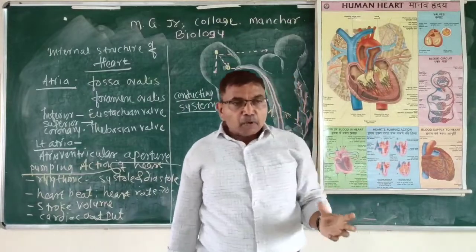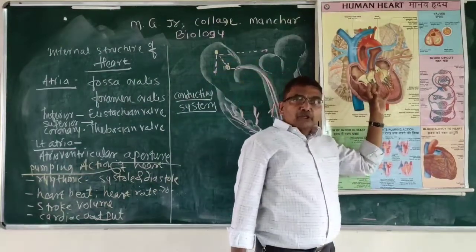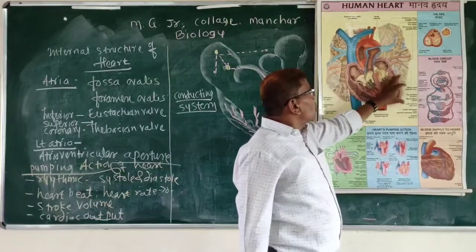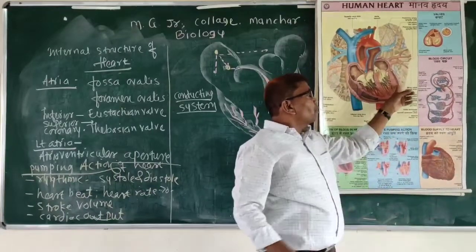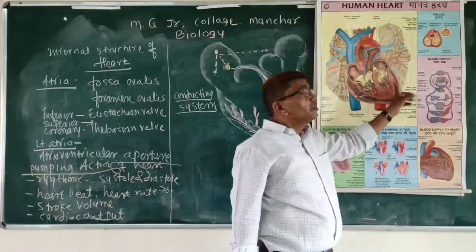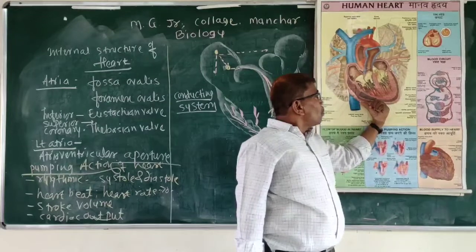These are the blood propelling chambers. To create pressure, the walls of the ventricles are thick, and again the left ventricle wall is thicker, about 3 times thicker as compared to the right ventricular wall.